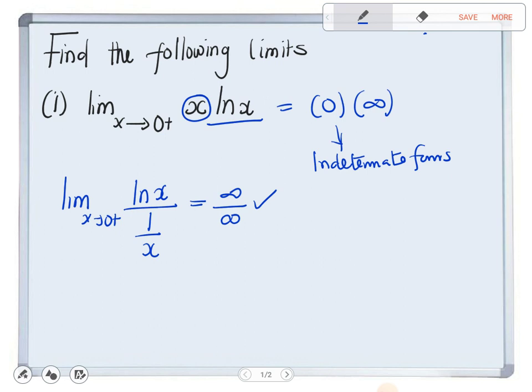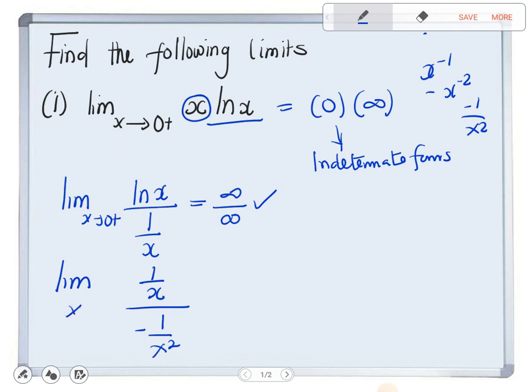So if we apply it here, the derivative of ln x is just 1 over x, over, what is the derivative of 1 over x? 1 over x is x to the power of negative 1, which you differentiate to get negative 2 there, so we are getting negative 1 over x squared. So we are getting this type of arrangement. And of course one of them, they are cancelling out. Are they cancelling out? Yes, of course.